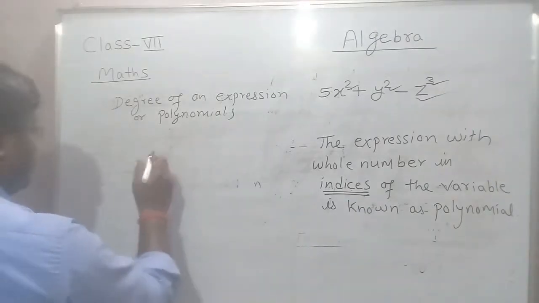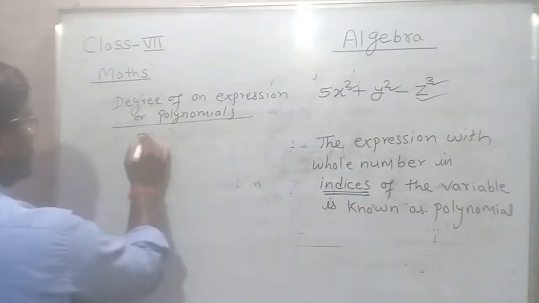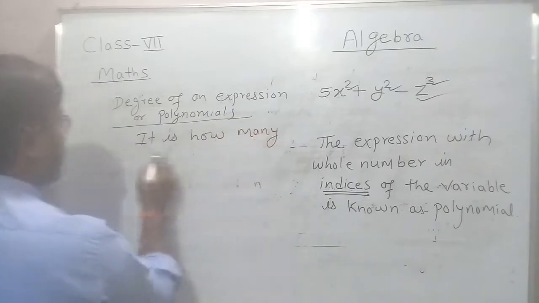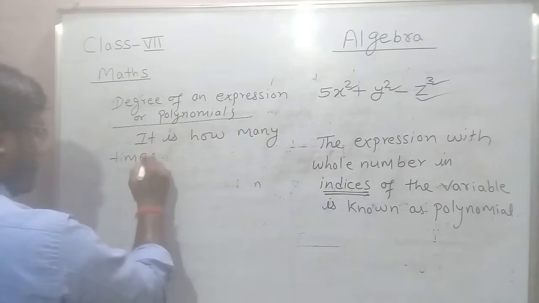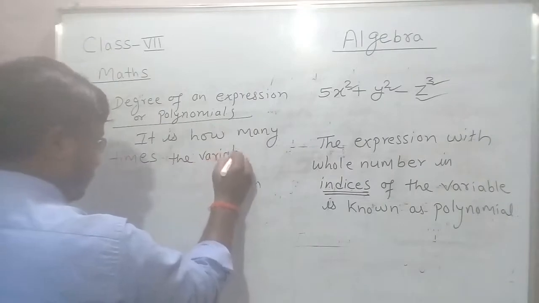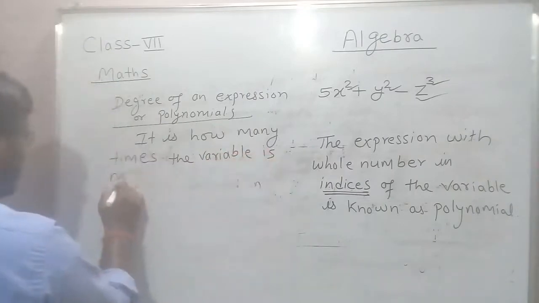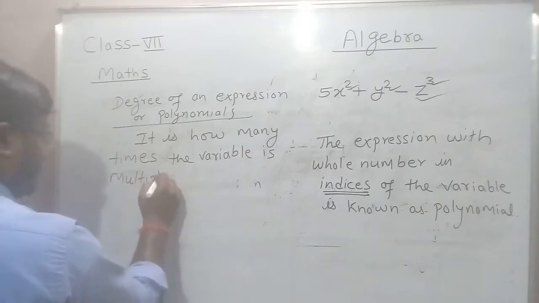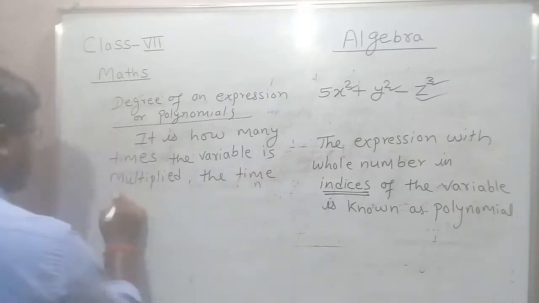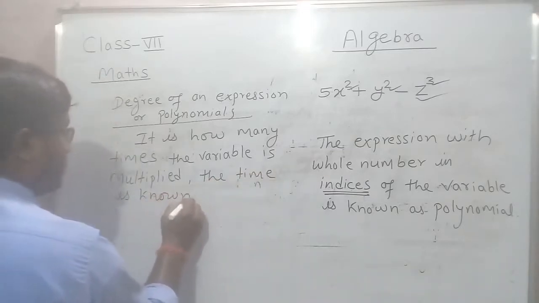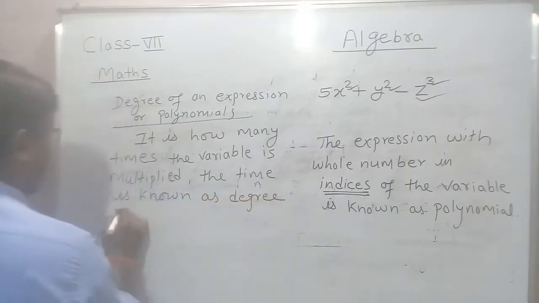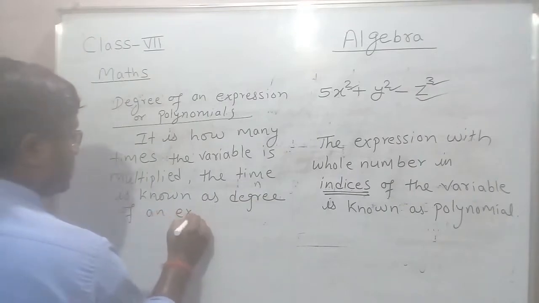It is simply how many times the variable is multiplied, that number is known as the degree of an expression.